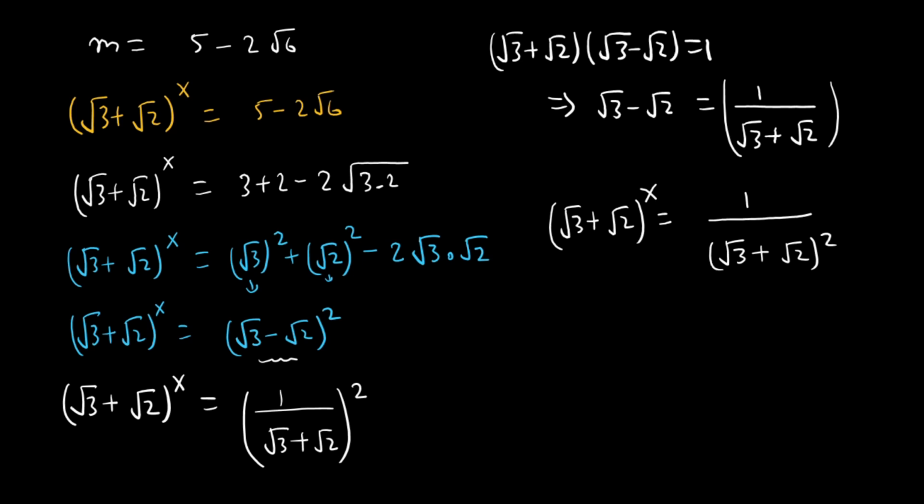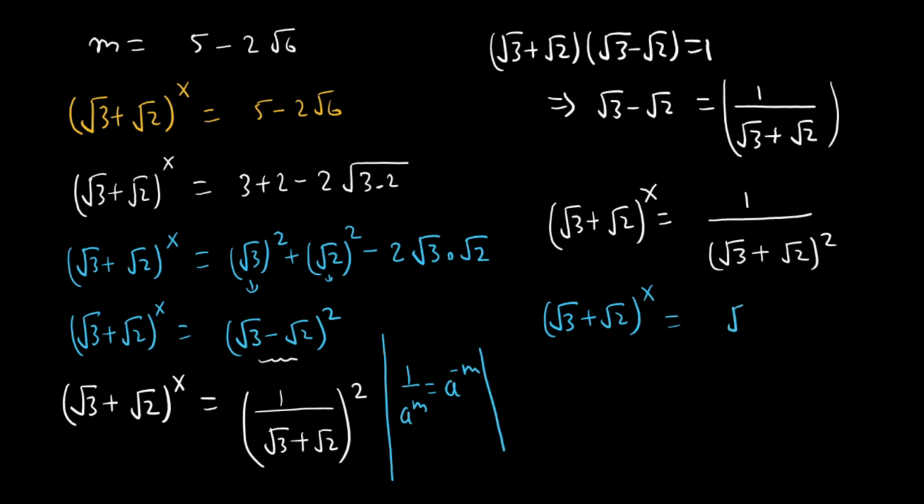In the left hand side (square root of 3 plus square root of 2) whole power x, and here we apply the rule 1 over a power m equals a power minus m.